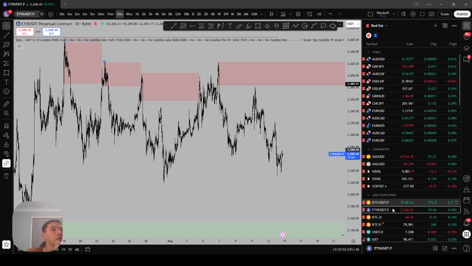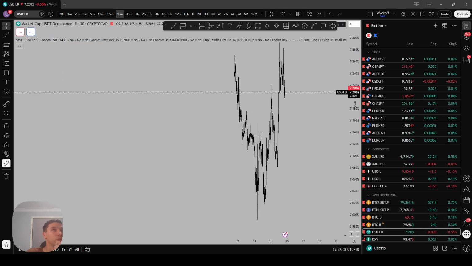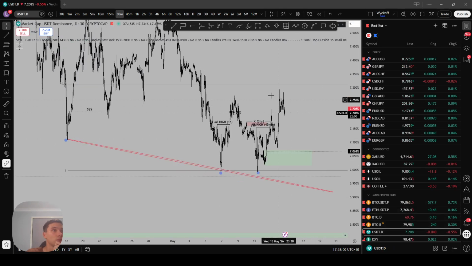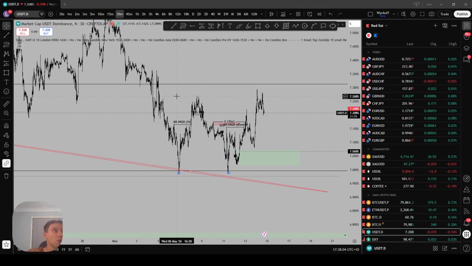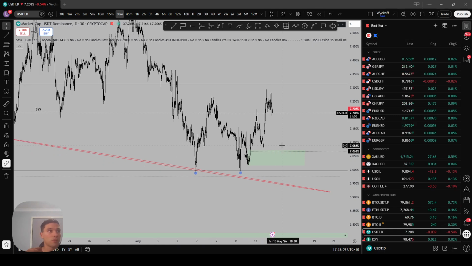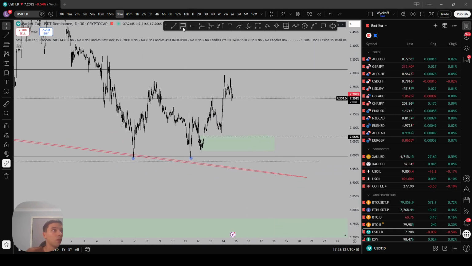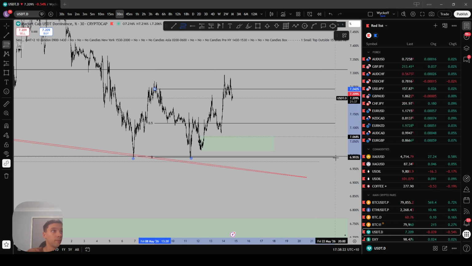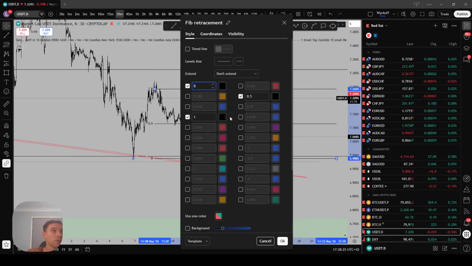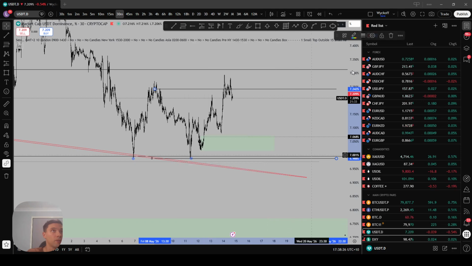ETH not showing me a whole lot, and then USDT dominance. This can all go. Might also be creating a distribution schematic right here. So we will see what happens there.